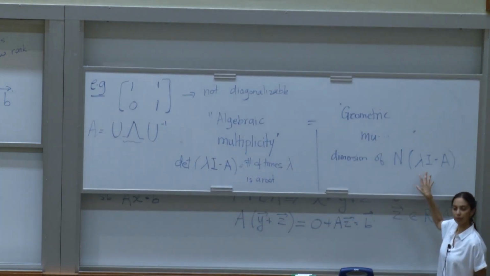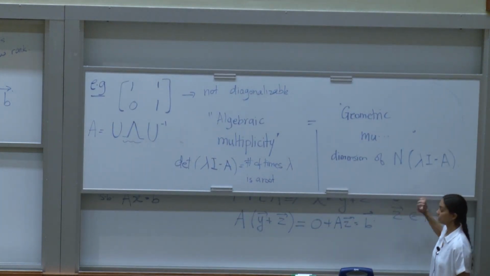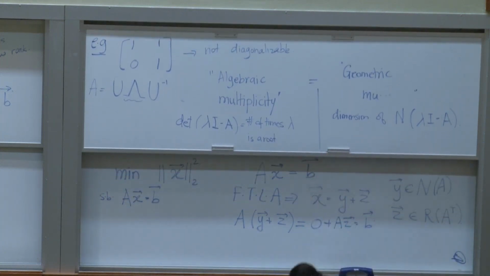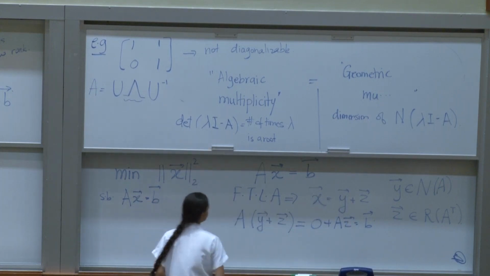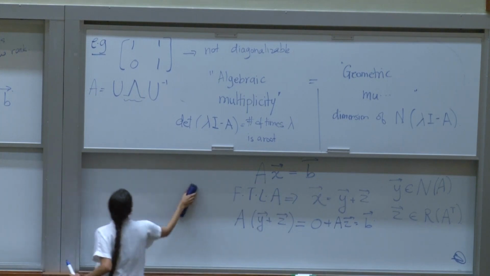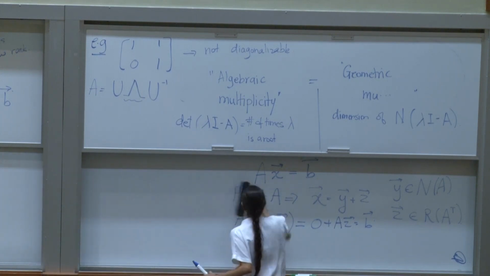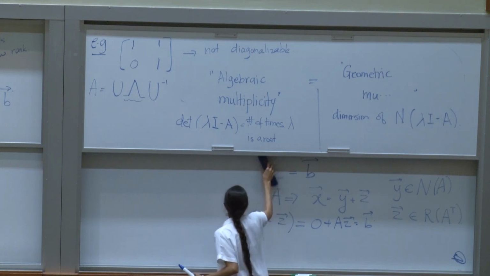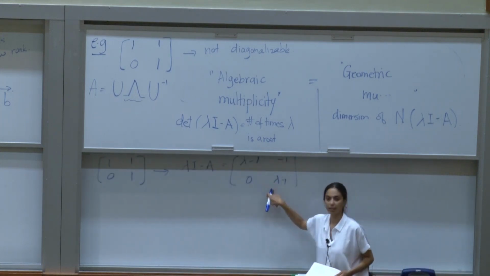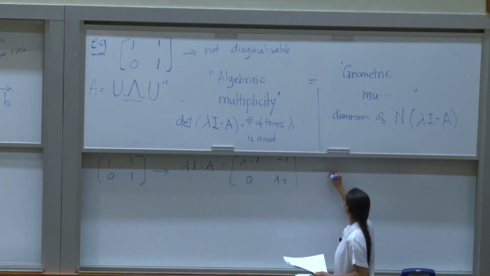So here, when I'm thinking about the corresponding vector space, what is the dimensionality? And let's just see this in this particular example, right? So why don't you compute this for me so that it'll save me some time? Compute the eigenvalues, find the characteristic polynomial of this matrix. When I think of lambda I minus A, I get the following matrix.